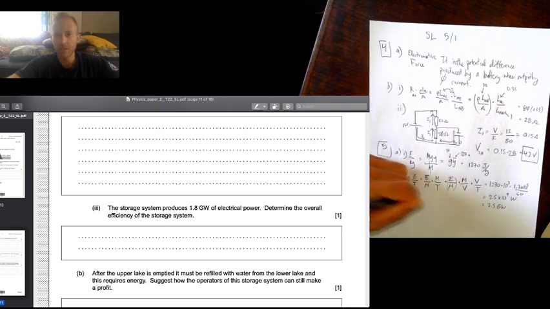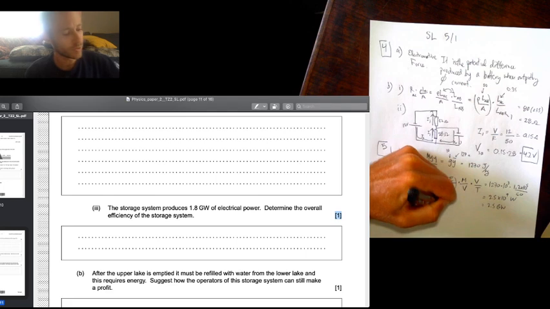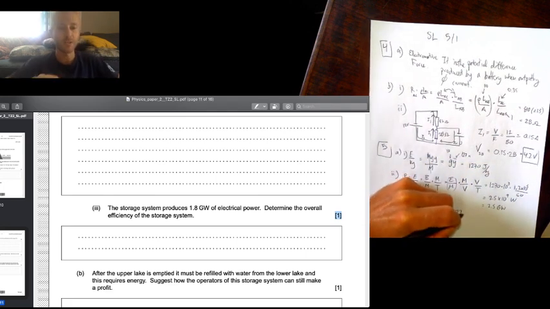The power that goes out and is actually used by the world is 1.8, but the amount that is released is 2.5 gigawatts. So the ratio of those two is going to give us the efficiency. Again, this is a one-point problem, so it should be a very simple calculation. The efficiency is 0.72, which is the same thing as 72%. 72% efficient.